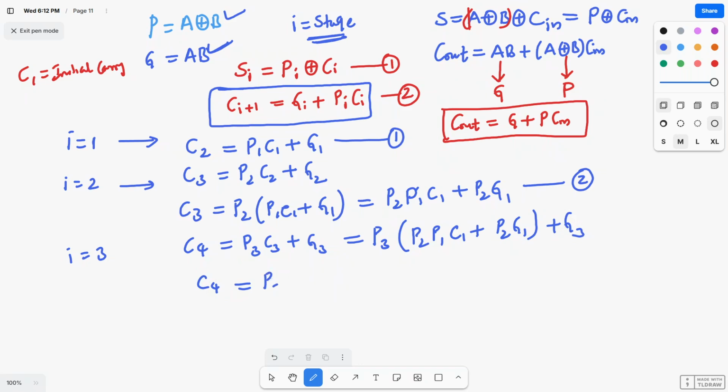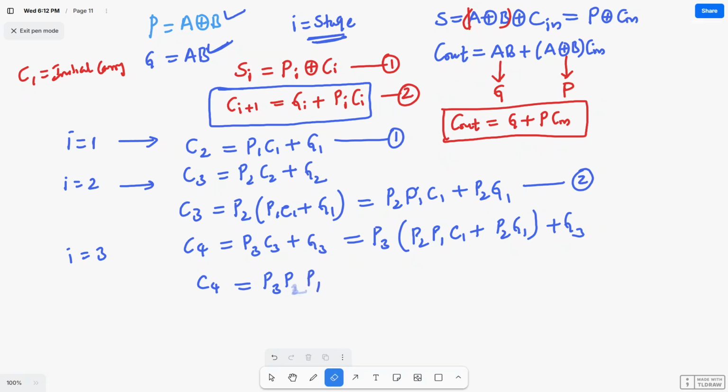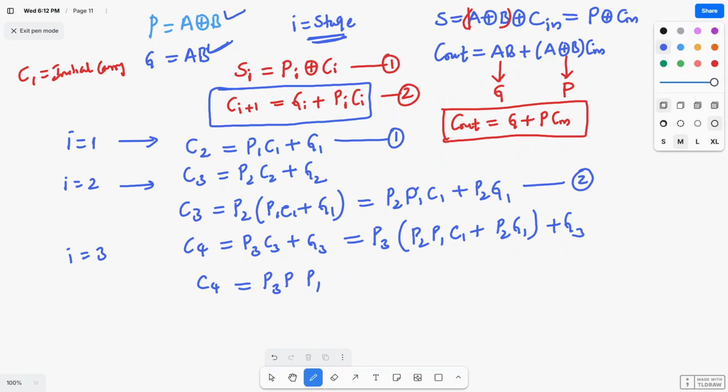So from here C4 equals what? P3 P2 P1 C1 plus P3 P2 G1 plus P3 G2 plus G3. Okay.